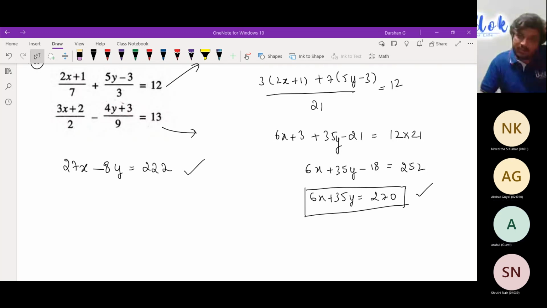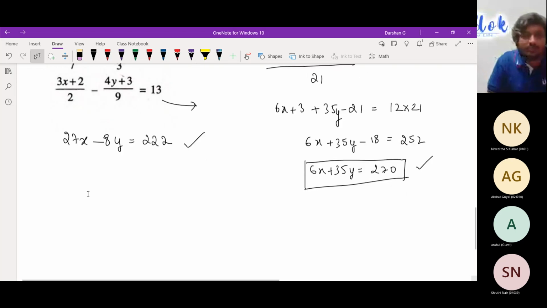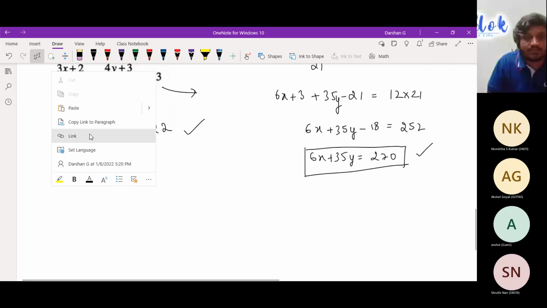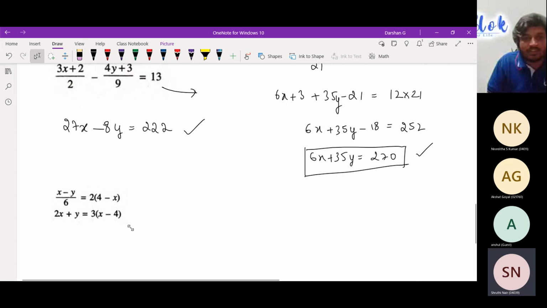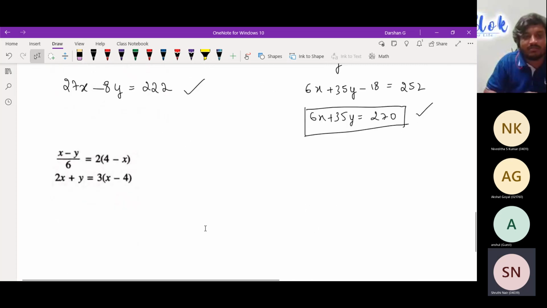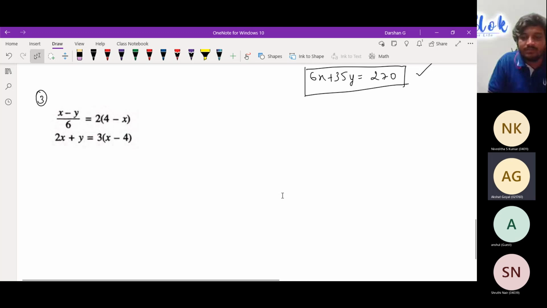Okay, you're on my side. Shruti, which method is your favorite? Elimination. Substitution's also okay, but I hate cross multiplication. Again, you are on my team. What about Akshat? Elimination only. So basically, after your 10th, 90% you'll be using elimination.